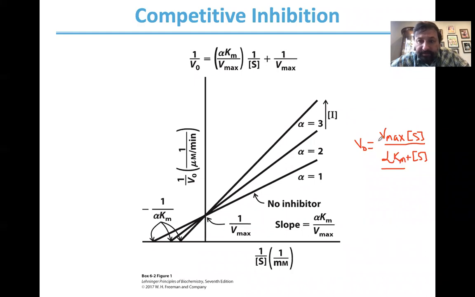Okay, so if you take the reciprocal of this, you end up with this Lineweaver-Burk plot, okay? And this alpha ends up in the slope term, okay? And you can see here, as you add the inhibitor, you increase this value of alpha.